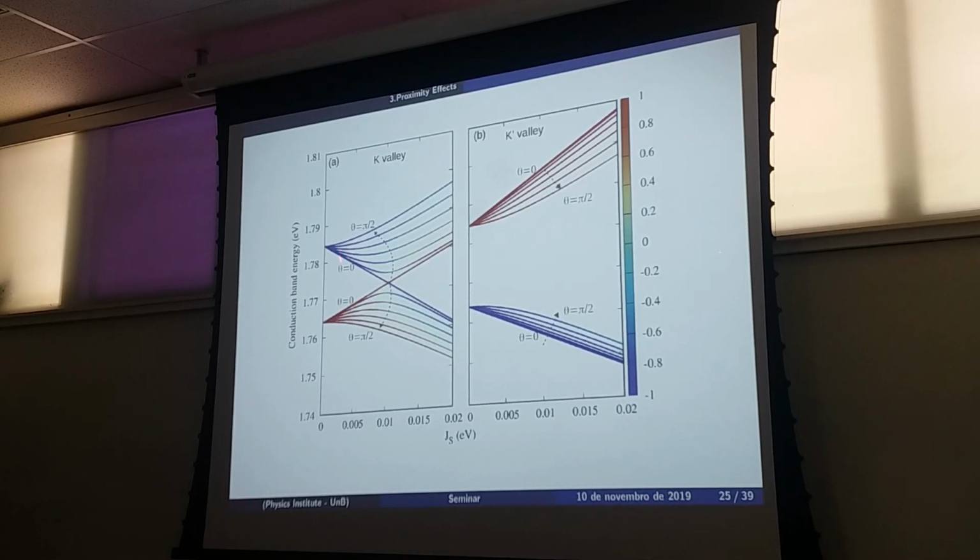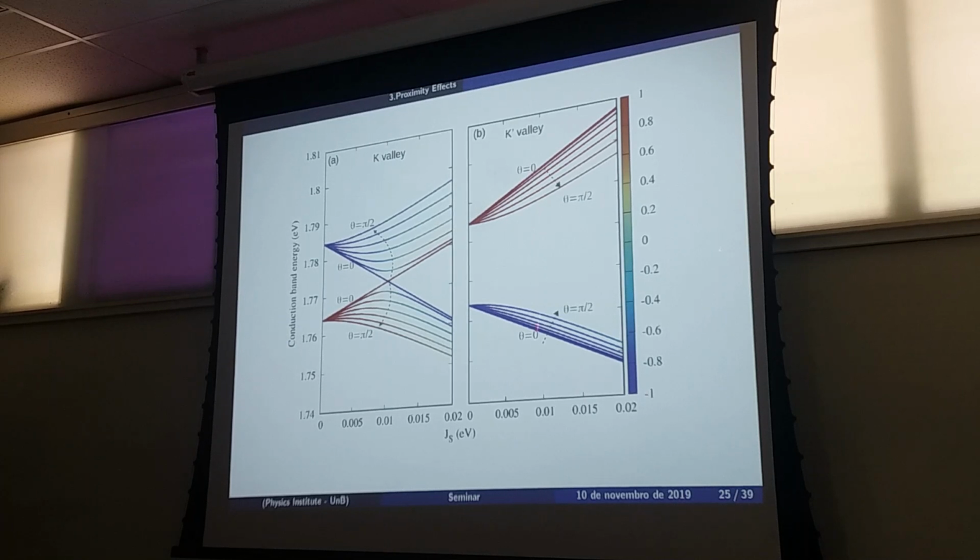So at the beginning your exciton state doesn't change in this value, you see, when I'm crossing, but then your exciton state will be bright and you can make it dark, or the opposite, if you change the material. So you can control the light emission using this kind of term.